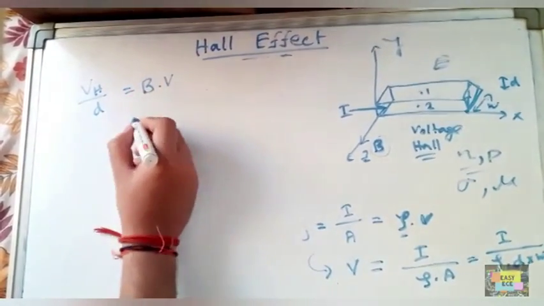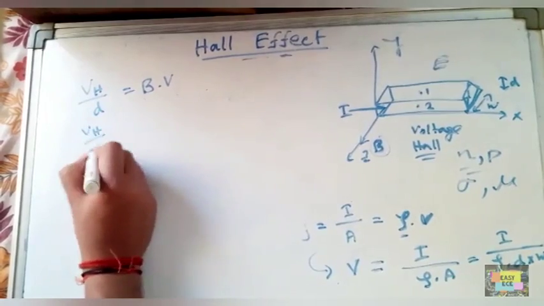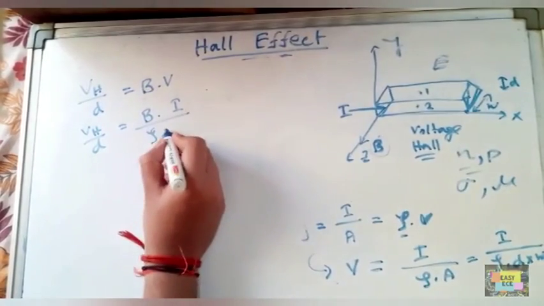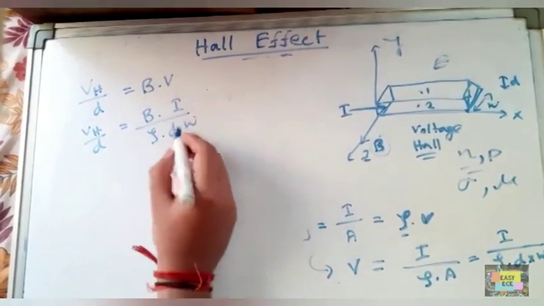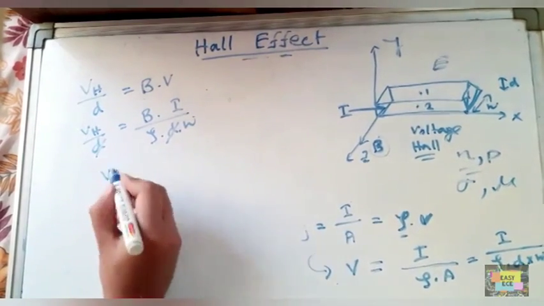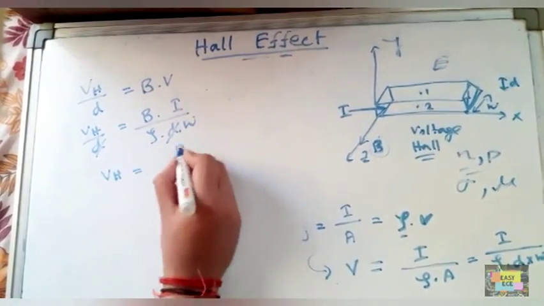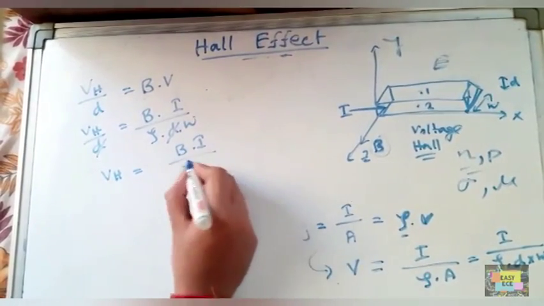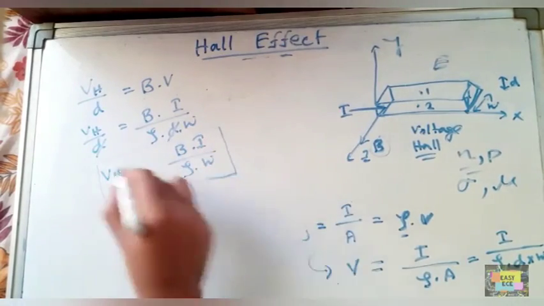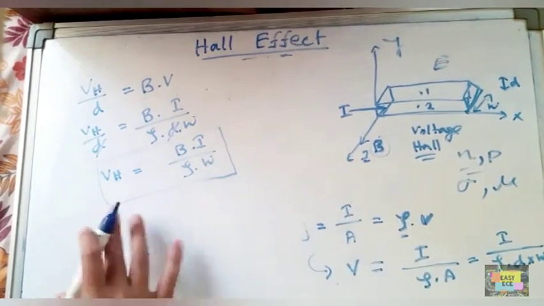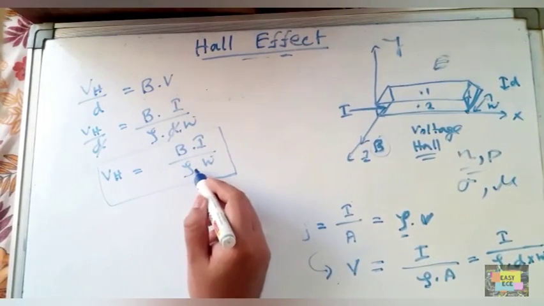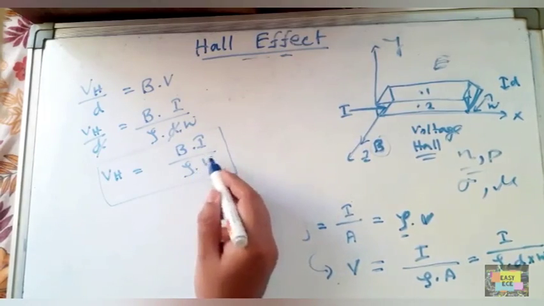Putting in the value of v, VH by d equals B into I by rho into d into w. So d cancels out, and the Hall voltage VH becomes BI by rho into w. This is an important equation: Hall voltage equals magnetic field into current by charge density into width.